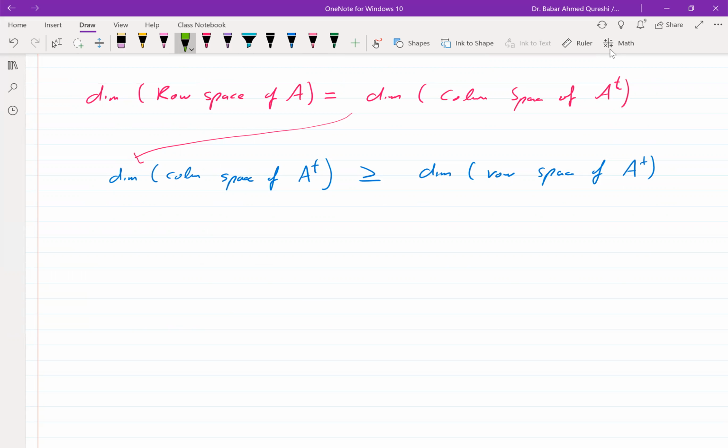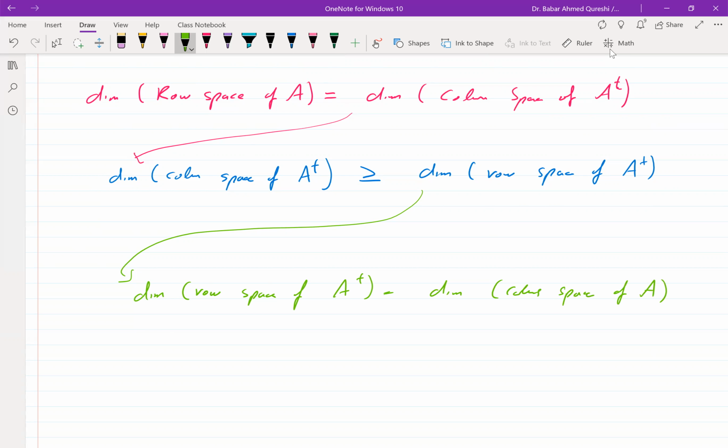Now I again use a result: the dimension of row space of A transpose is equal to the dimension of column space of A, again replacing rows by columns of A. So this is equal to this, and this is greater than this, which is equal to this.